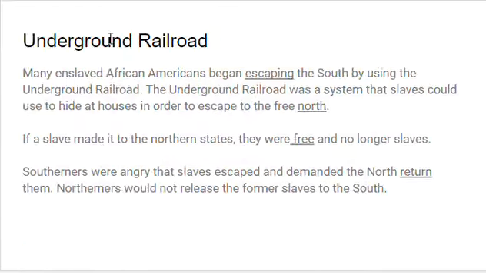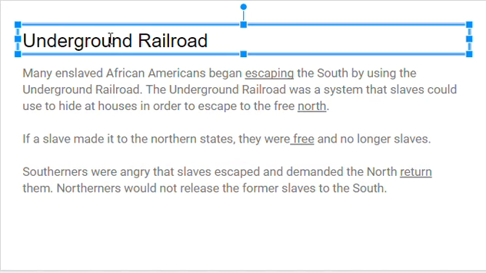There was another thing called the Underground Railroad, and many enslaved African Americans began escaping the South by using the Underground Railroad. A lot of slaves did not want to stay in the South because you're a slave in the South. If you escape to the North, you're no longer a slave.